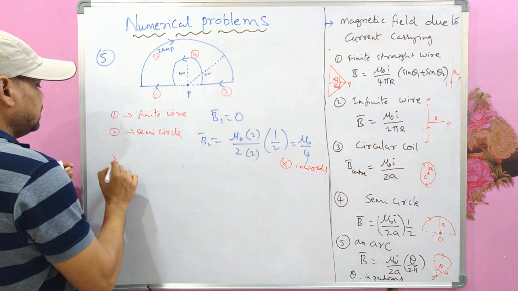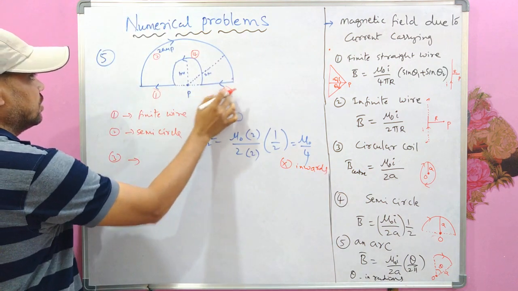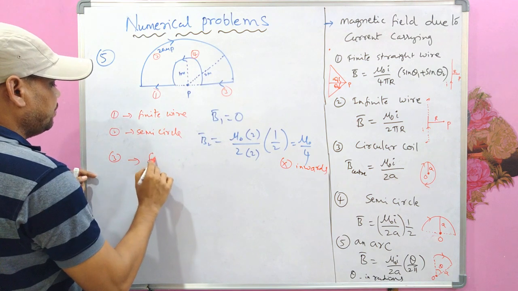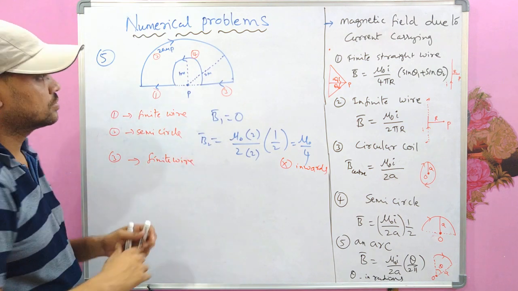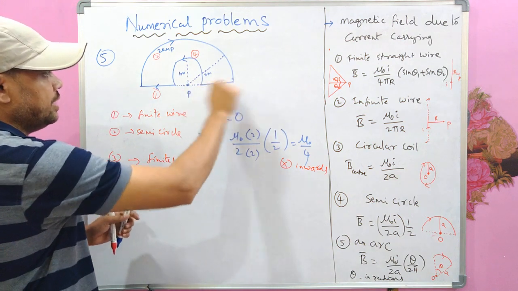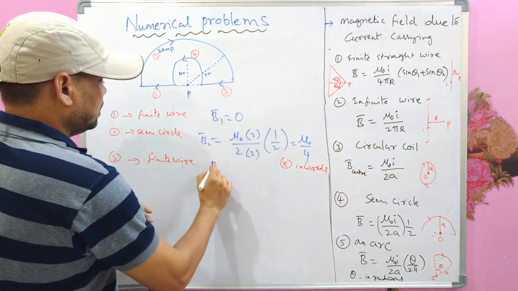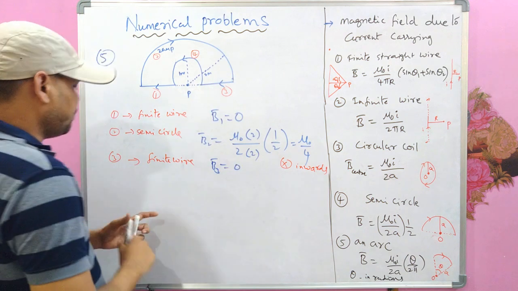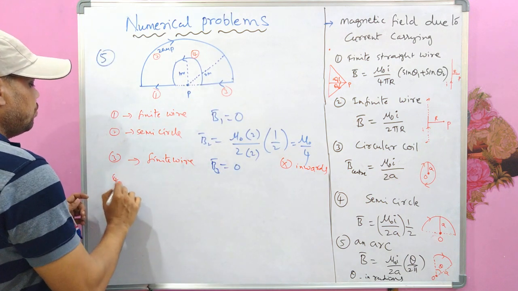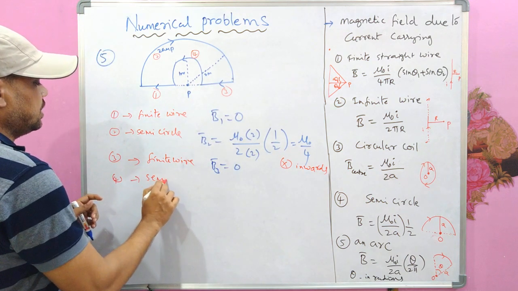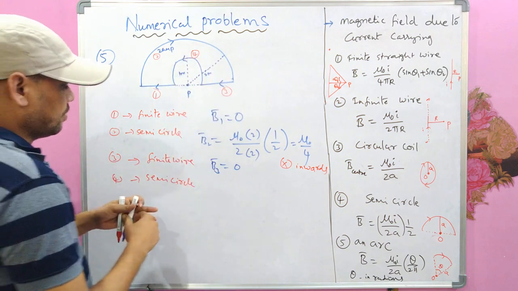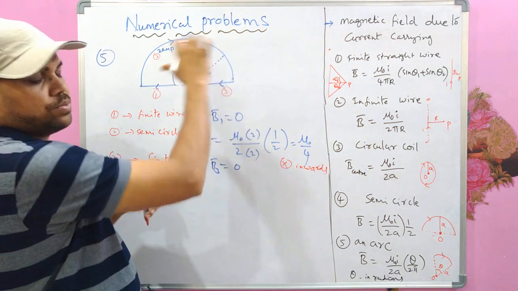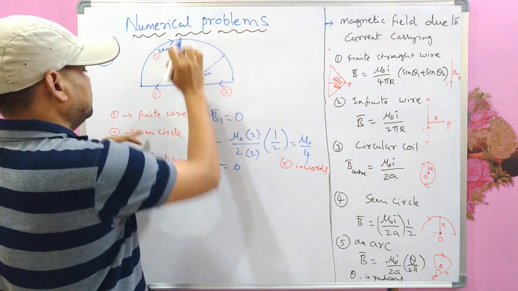And number 3 is again finite wire. The point P is on its line, so B3 will be 0, and number 4 is again semicircle. But see, current direction is opposite to this semicircle.